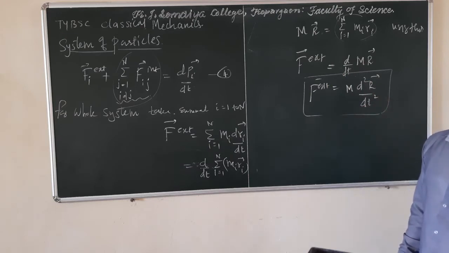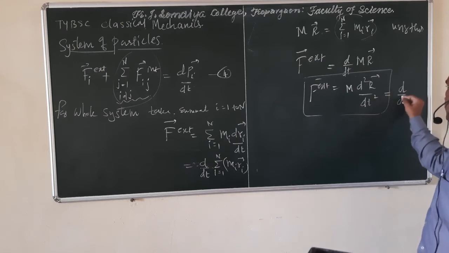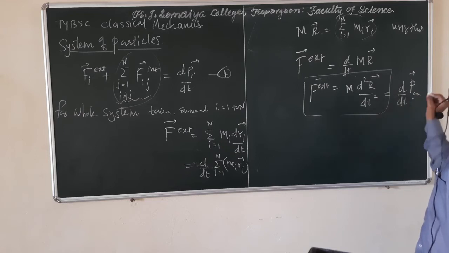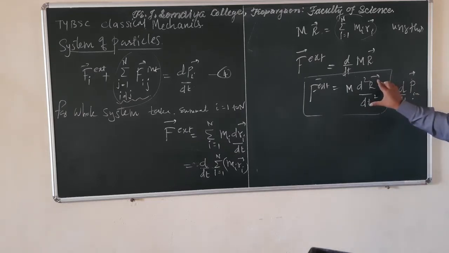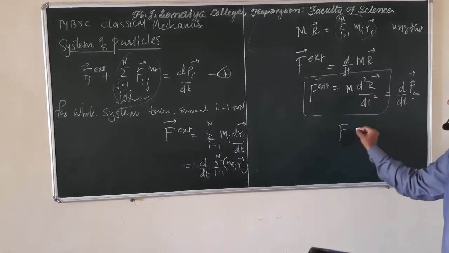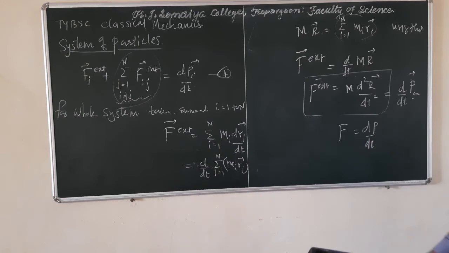Okay. So in other words, you can write this as the rate of change of momentum of center of mass. So the acceleration of center of mass can be replaced by this dP by dt. So for only a single particle, we can say external force is equal to dP by dt, which means what?